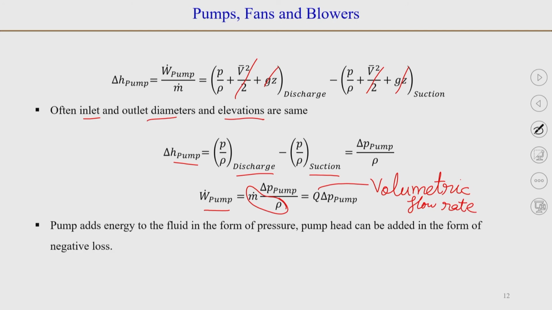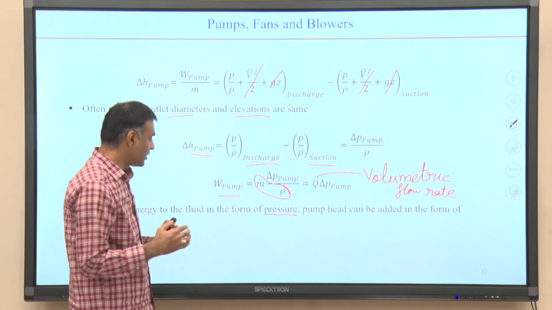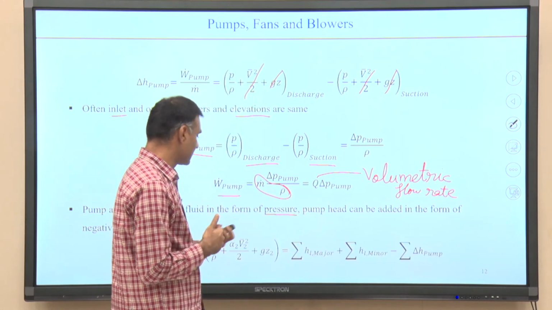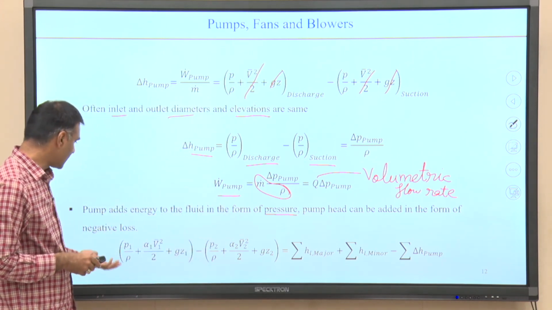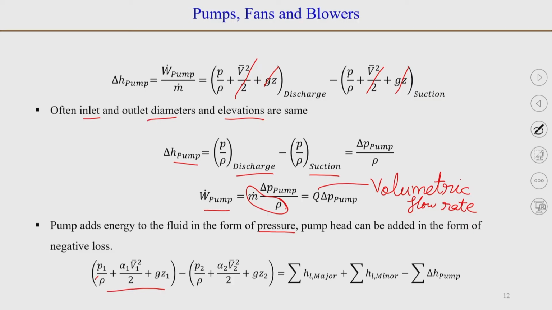So, that means that the pump adds energy to the fluid in the form of pressure. It does not increase the kinetic energy. So, when we are writing the equation for a pipe flow for a single series where the pipes are connected in series, then we can write the equation as the total mechanical energy at point 1, P1 by rho plus alpha by 2 V1 bar squared plus g z1, minus the mechanical energy at point 2, is equal to the major losses plus minor losses, and we will have minus delta H pump.